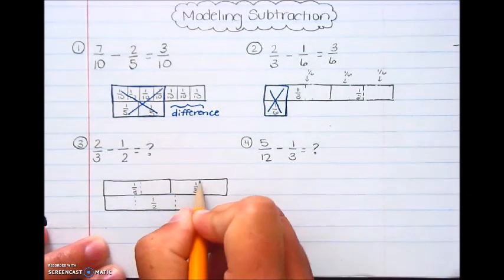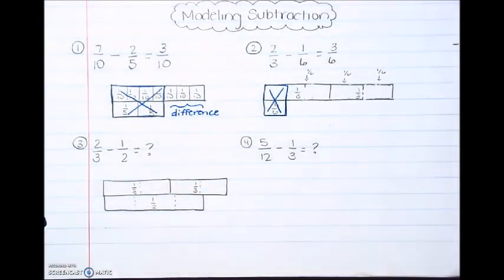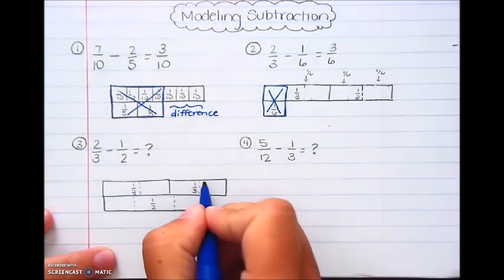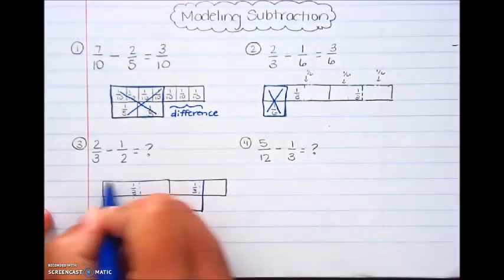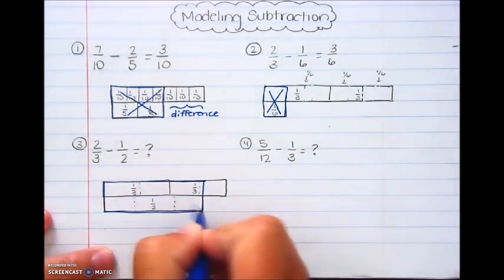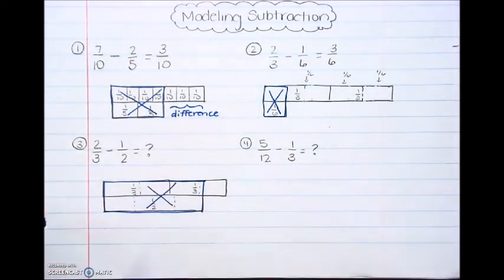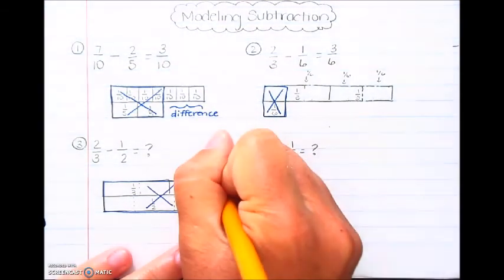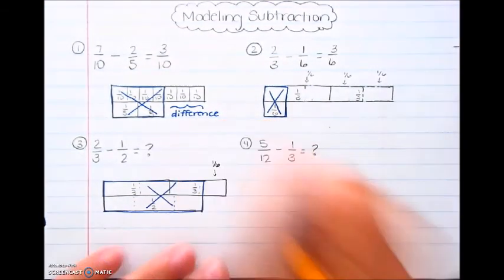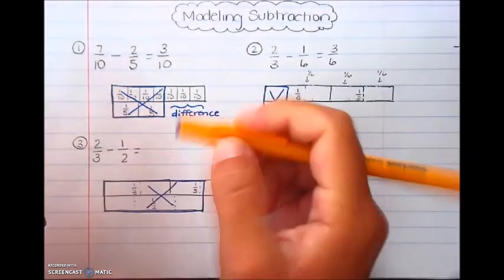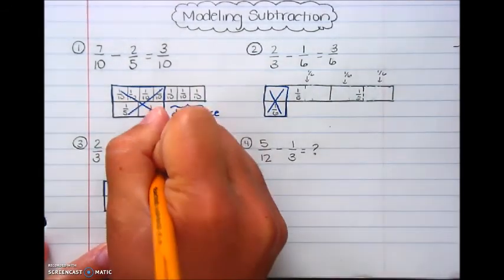This was split into 6 pieces, which tells me that I subtracted this part away, and I was left with a 1/6 orange tile. So that means my difference there was 1/6.